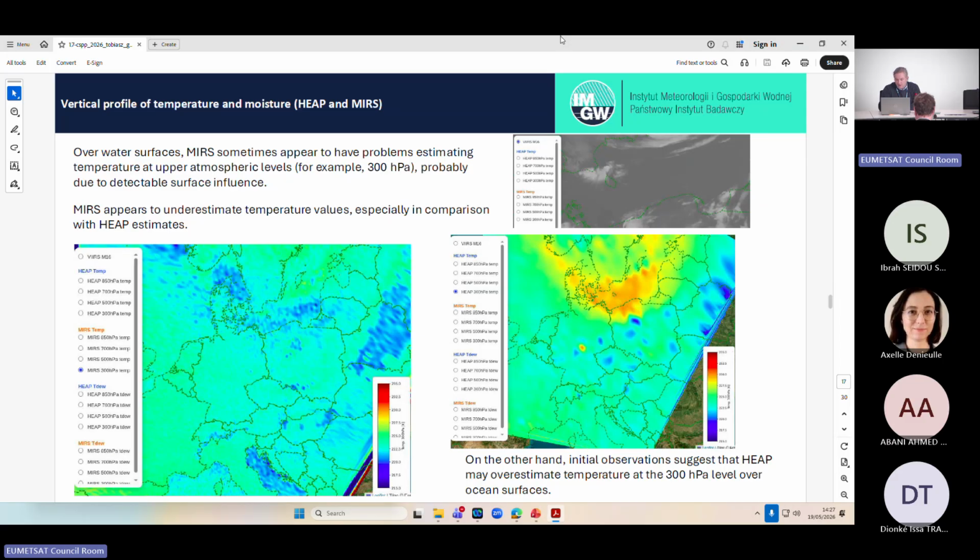On the other hand, initial observations suggest that HIP may overestimate temperature at the 300 level over the ocean surface. There is no cloud in this region, in the Baltic Sea, so it's not because of cloud. This is because of the algorithm, or because we don't know exactly.